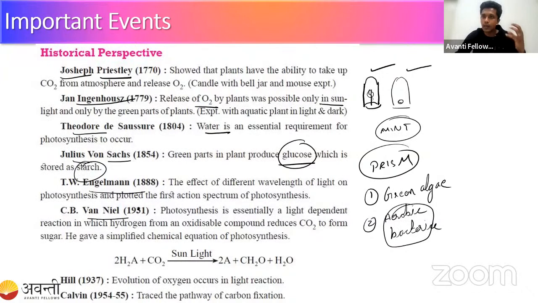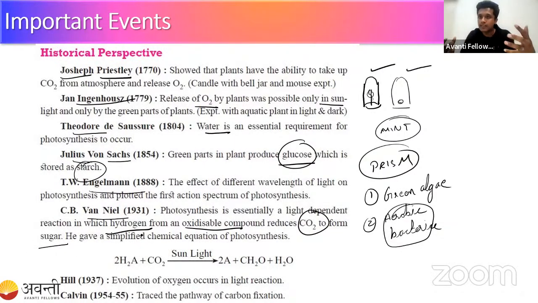He also says that we require light to have hydrogen, or a proton, from an oxidizable compound, such as water or H2S. These are called oxidizable compounds. So we derive this hydrogen out of these oxidizable compounds like water or H2S, and then we use this proton that we extract because of sunlight to reduce this carbon dioxide to form sugars.